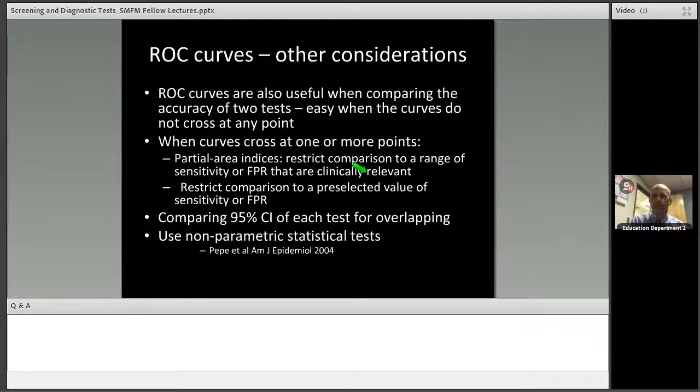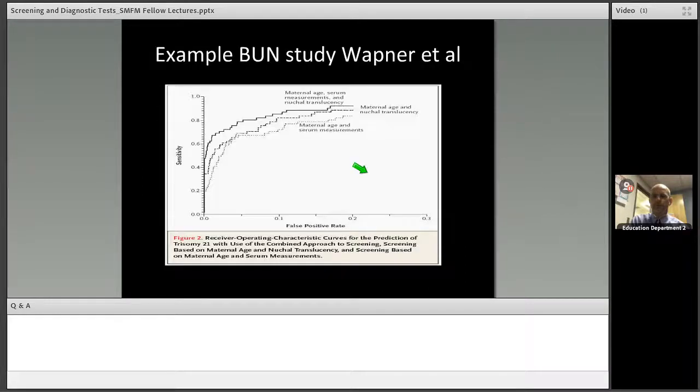But the most reliable way is to use non-parametric statistical tests that compare the areas under the curves when you have more than one ROC curve overlaid together. That's a better way to come up with a p-value that says these tests are significantly different from each other or not.